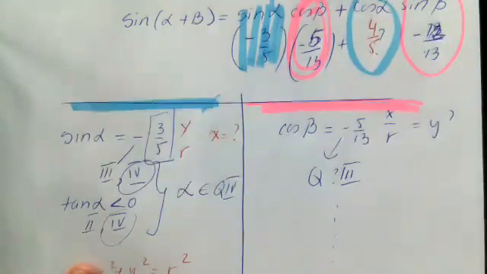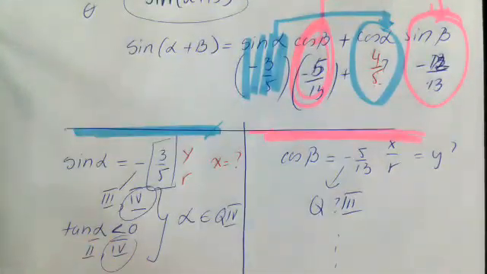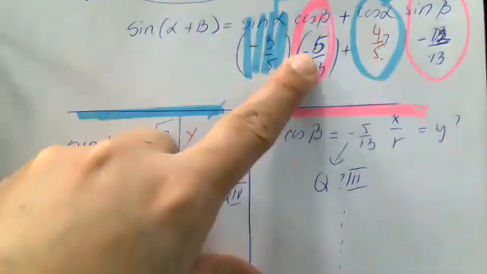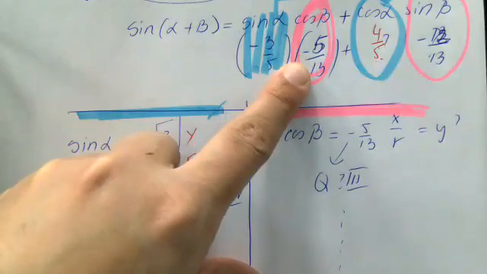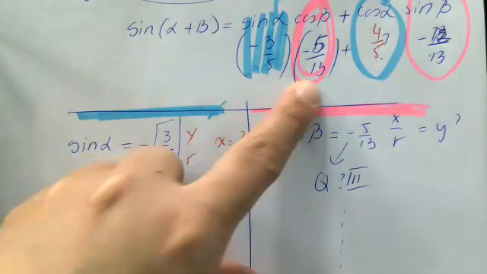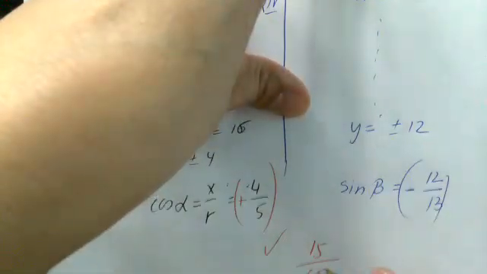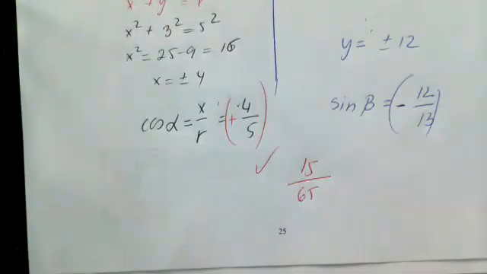Now let's plug in and calculate. We have -3 times -5, which is positive 15. 5 times 13, 65. So 15/65.